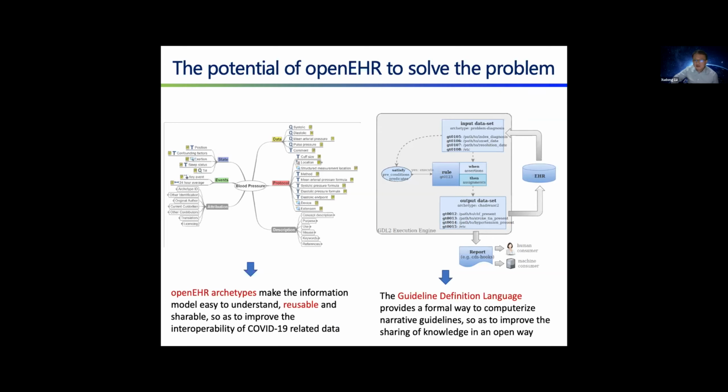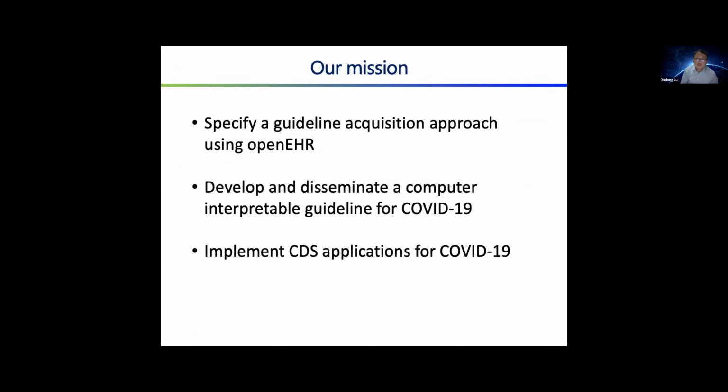Also, in openEHR, there is GDL, the guideline definition language, which provides a formal way to computerize narrative guidelines. So we are thinking of using these tools to develop clinical decision support applications for COVID-19.